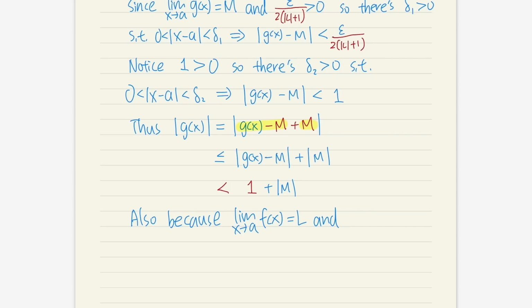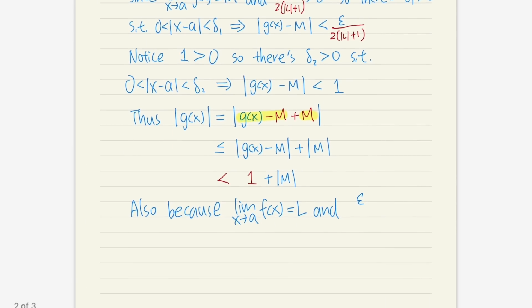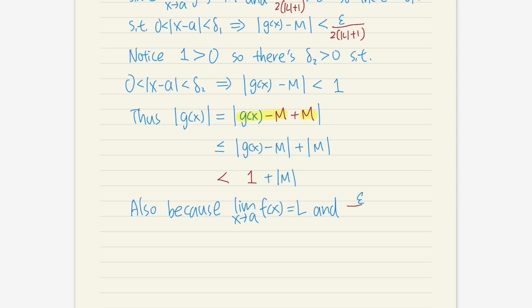Don't just put epsilon greater than 0. We want to have this expression, right? So it's epsilon over 2 times the absolute value of m plus 1. And this expression, again, it's positive.